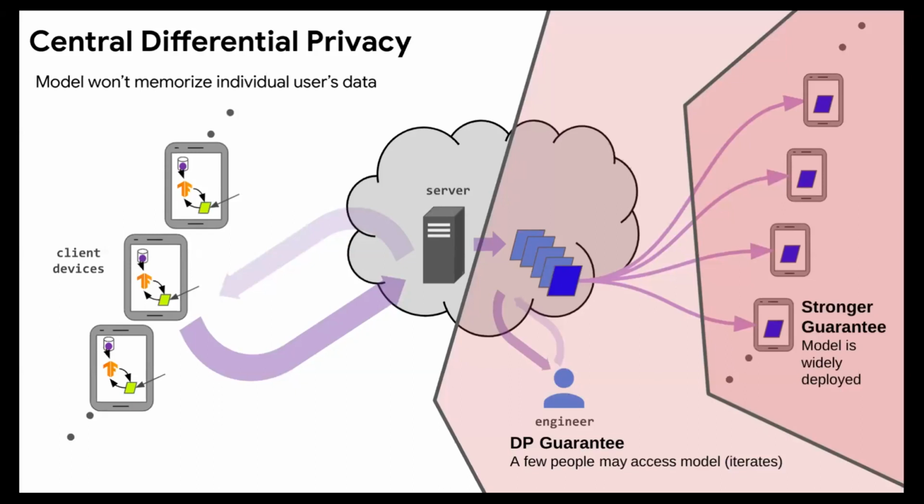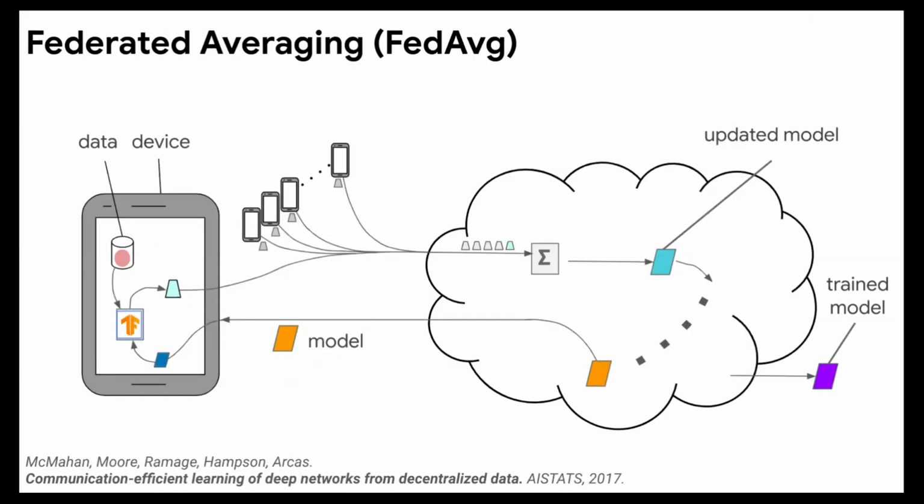Their local data are private only to themselves. They won't share this data with other clients or the server. Furthermore, with central differential privacy, the trained model won't memorize each individual user's data. So differential privacy is a nice complement to federated learning techniques.